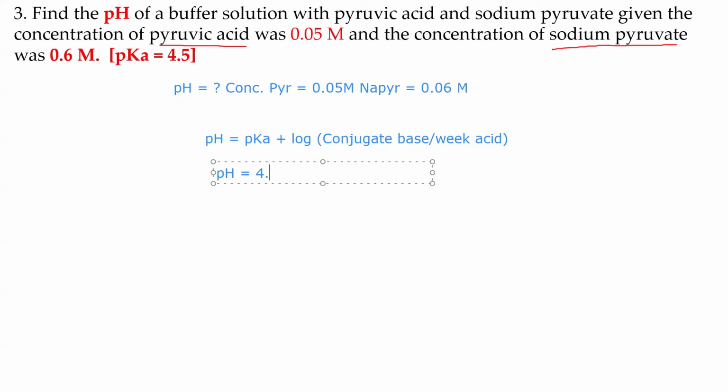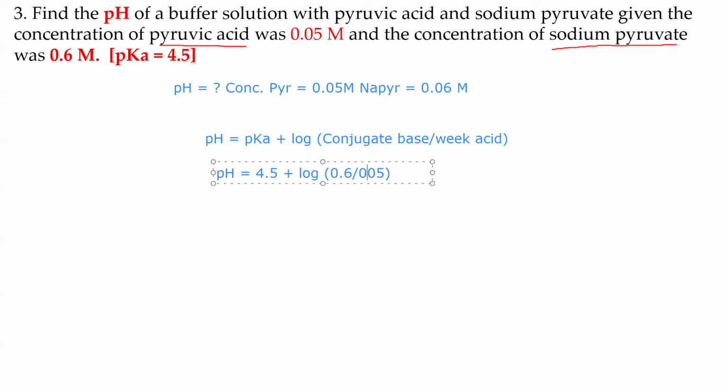So now pH is equal to 4.5 plus log of open brackets, conjugate base 0.6 divided by 0.05. So pH is equal to 4.5 plus log 0.6 divided by 0.05.